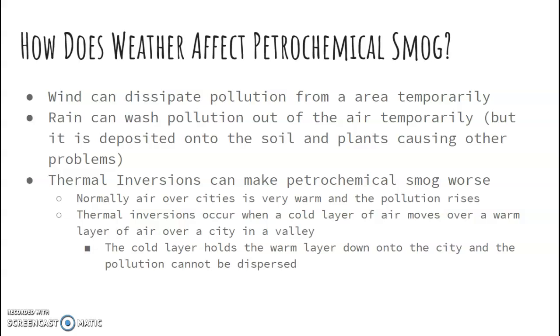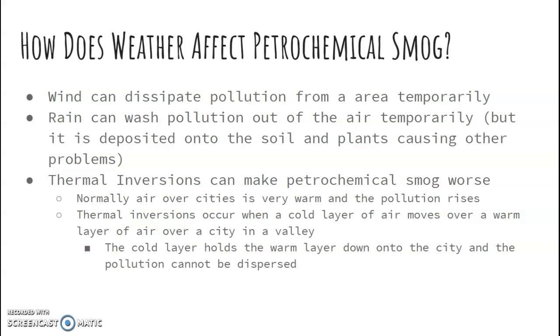And this cold layer ends up holding the warm layer down because cold air wants to fall and warm air wants to rise, and they're not in the right spot for that to happen. So the cold air that wants to go down towards the land holds that warm, polluted layer of air close to the city, and you can't disperse that pollution away.